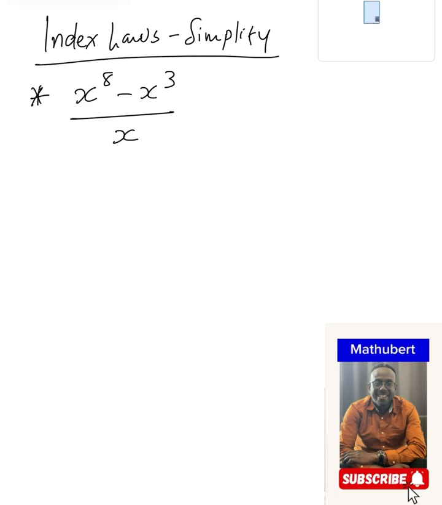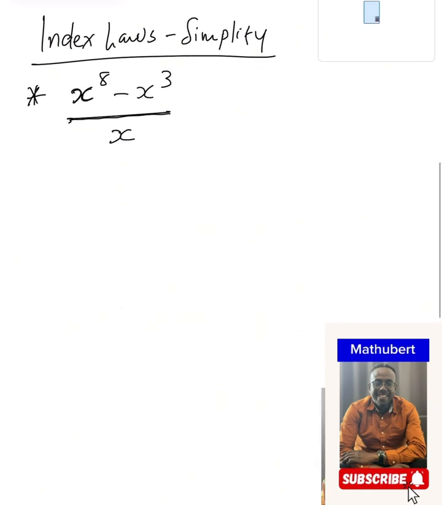By now we should have our knowledge on what needs to be done when we are multiplying and dividing indices. You notice we are dividing here. x to the power of 8 is dividing x, and also x to the power of 3 is dividing x.